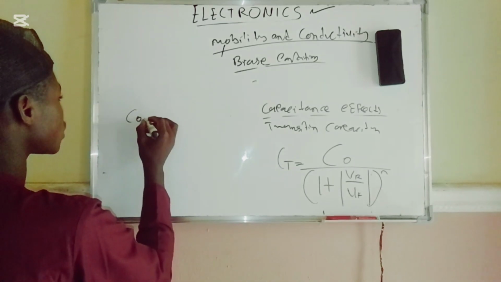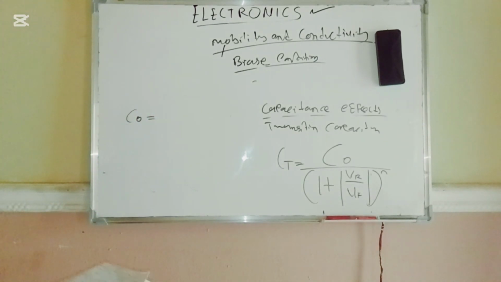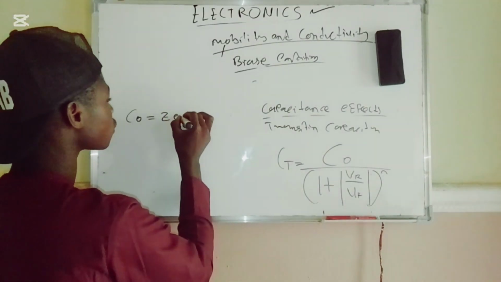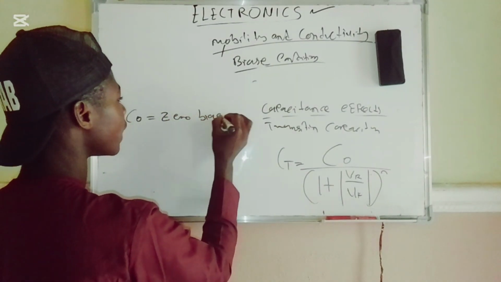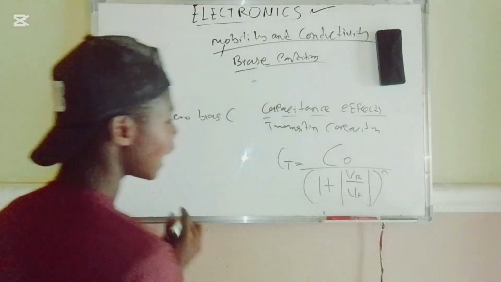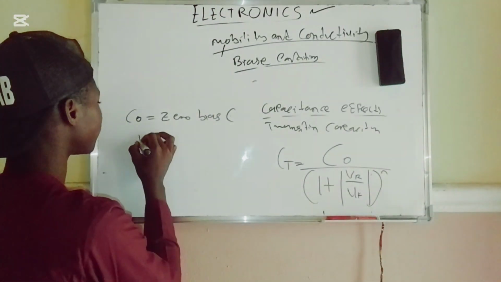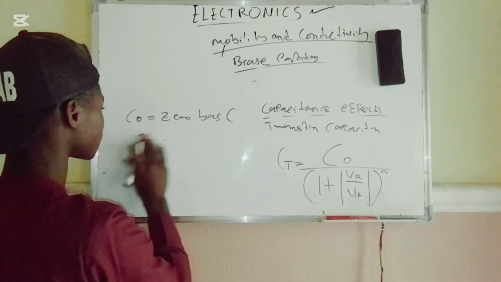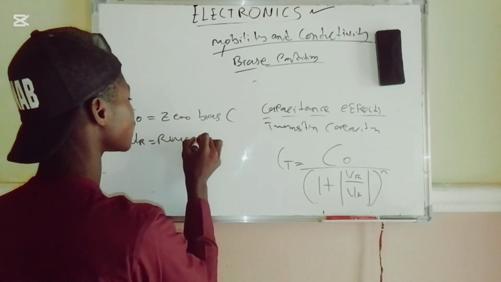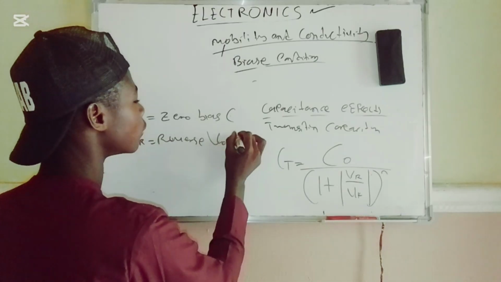The C naught, the capacitance naught, is known as the zero bias capacitance. And the value VR is the reverse voltage.